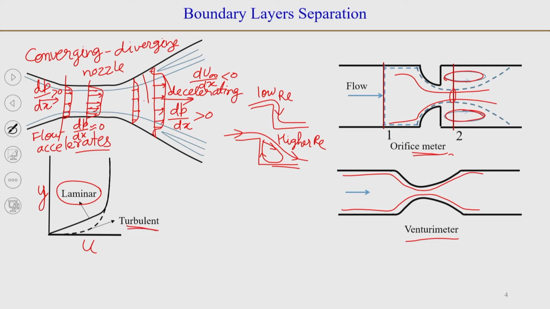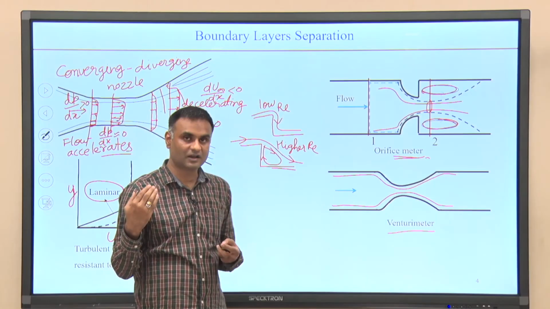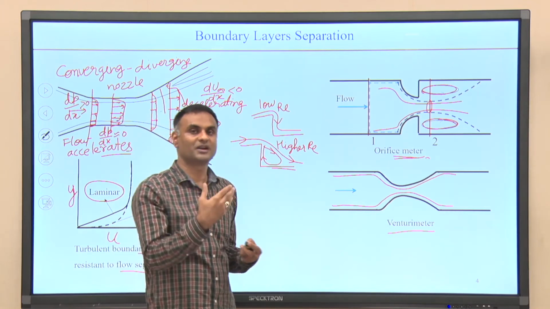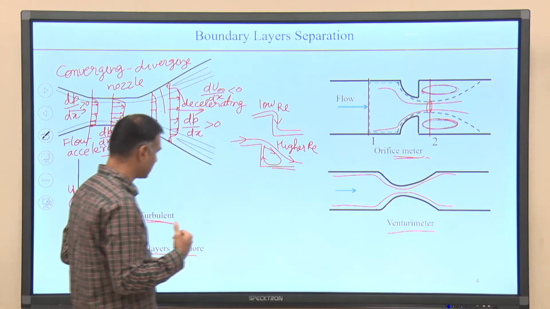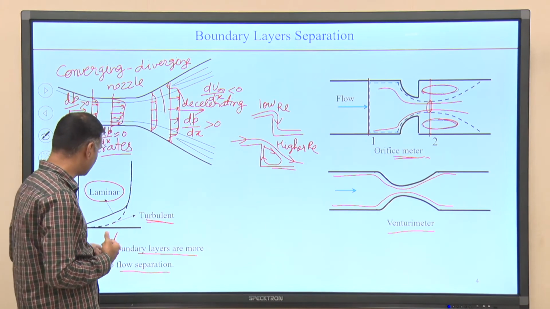So, the turbulent flow is more resistant to flow separation because it has more momentum near the wall. So, it can resist the flow separation as compared with laminar boundary layers or laminar flow near the wall.